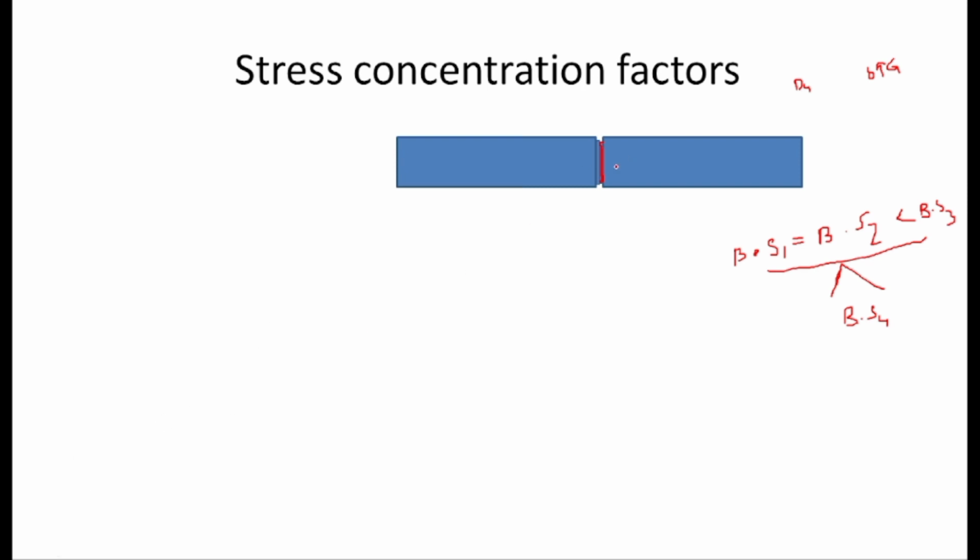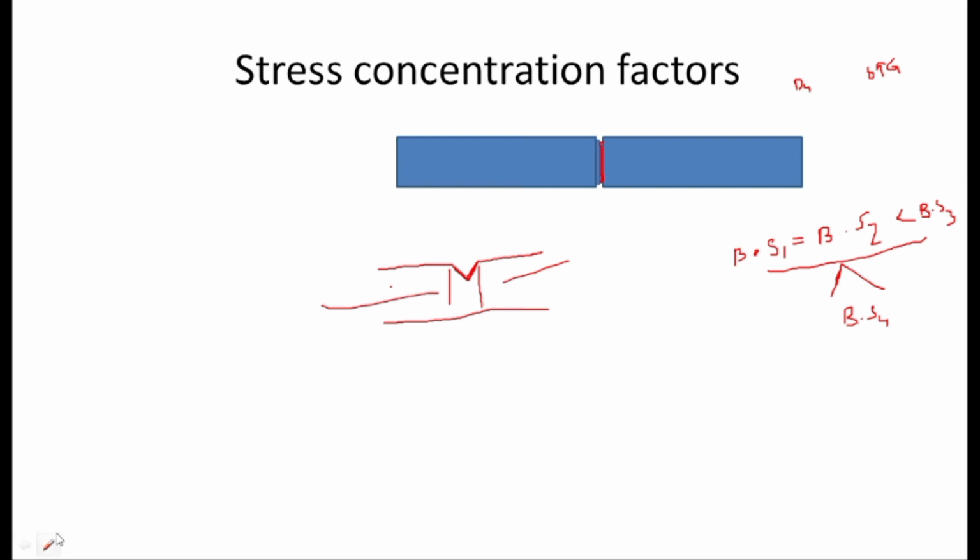Stress concentration. It means that when there is a notch, let's say you have this type of shaft, in this region the stress will be the same, but in this region the stress will be concentrated due to the decrease in the area.